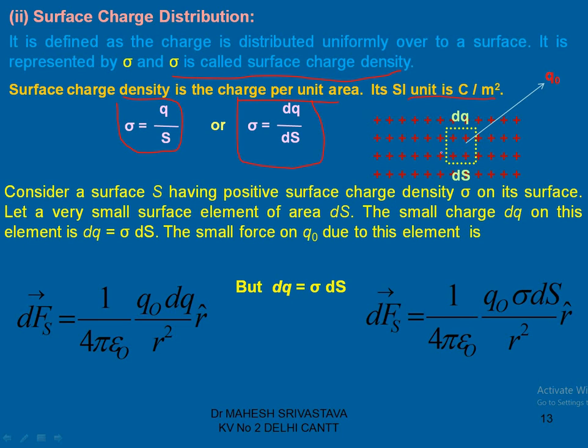Now here we take a surface, and over this surface the charge is uniformly distributed having the surface charge density sigma, and we take a small area element dS over which the small charge is dq. Now we find the force on the test charge due to this small charge.